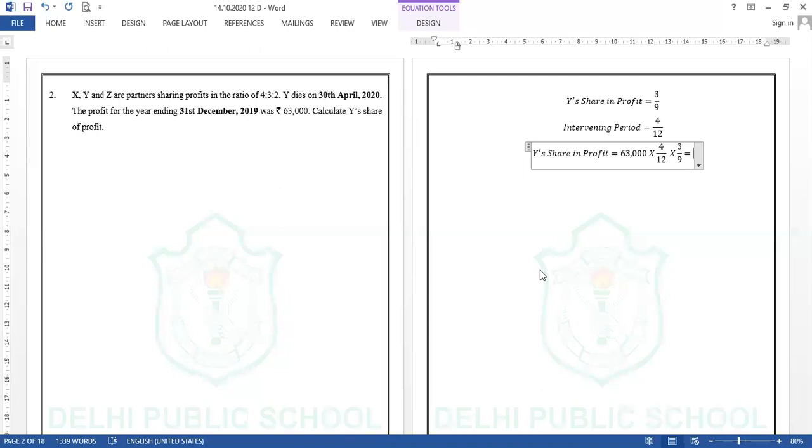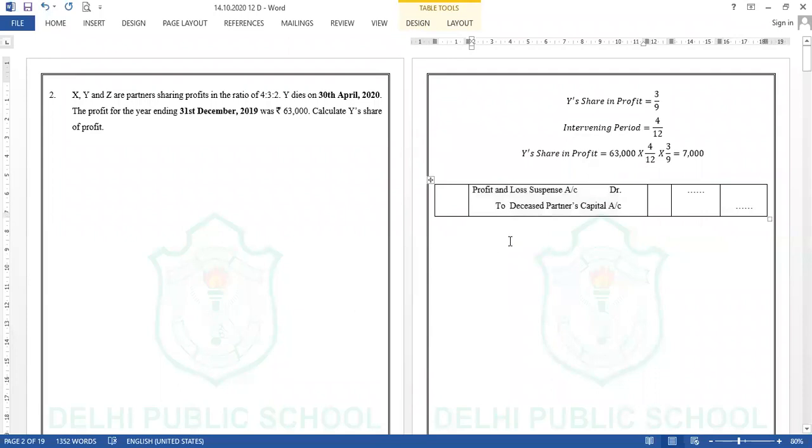Can anyone help me with this? How much will be the answer? 7,000. That's correct. So 7,000 is Y's share in profit. If I'm asked to write the journal entry, I have taken it from the theory itself: P&L suspense account debited to deceased partner's capital account.